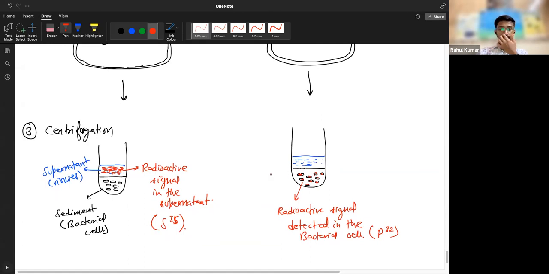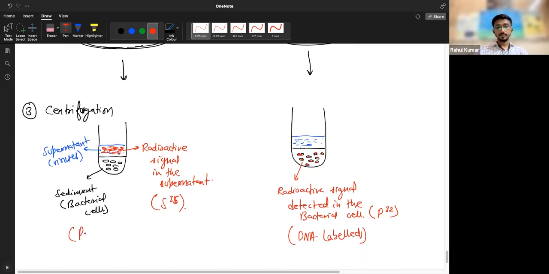So this is an unequivocal proof that we see with our eyes that when we labeled the DNA versus when we labeled the protein, what goes inside the bacterial cell is the DNA. So we get the radioactivity signal in the DNA labeled medium from the cells, whereas we get the radioactive signal from the protein labeled medium in the supernatant. Do you understand?